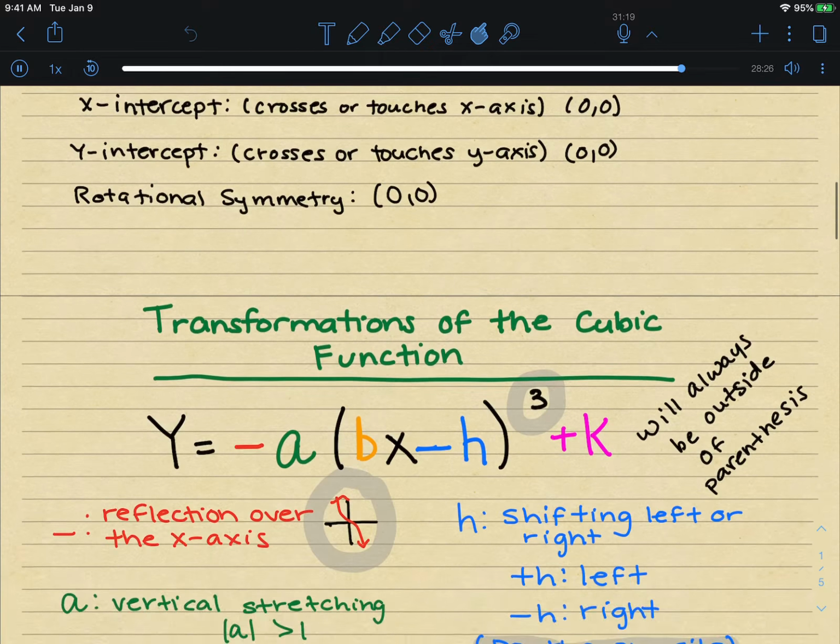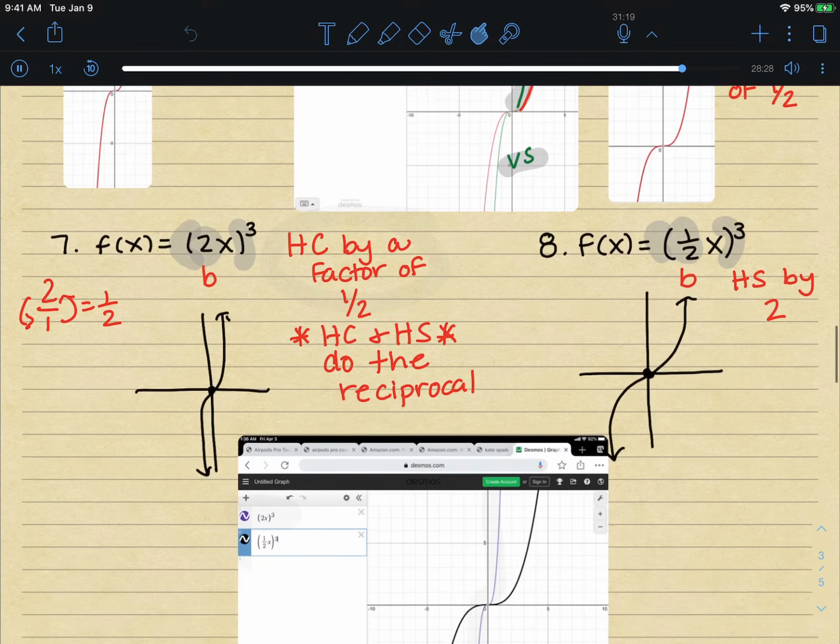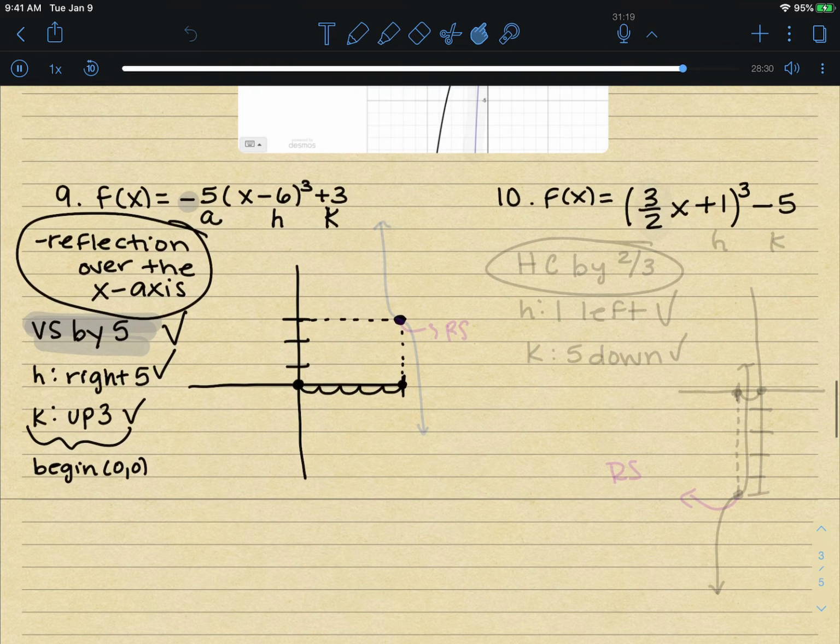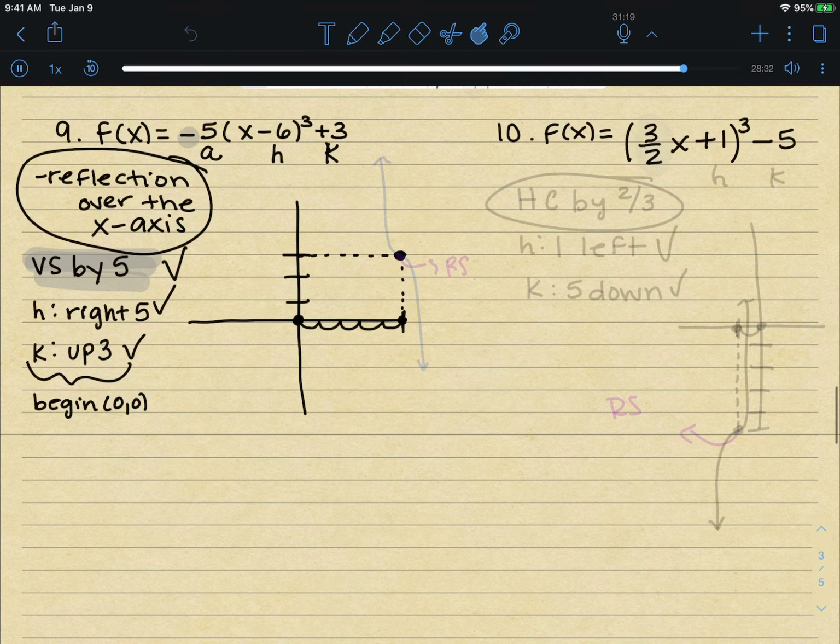Okay, so I'm going to graph that over here, and just make sure that my line is thin, more stretching rather than compressing, and it has to happen at the rotational symmetry right here. Okay, so that means that my graph would go something like this. You can always just double check it by graphing.